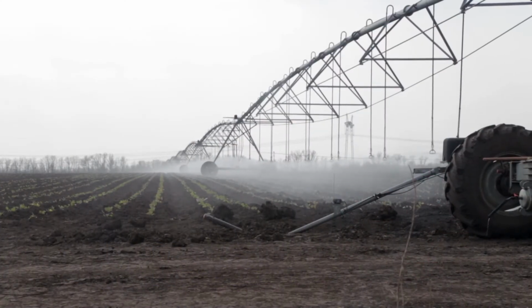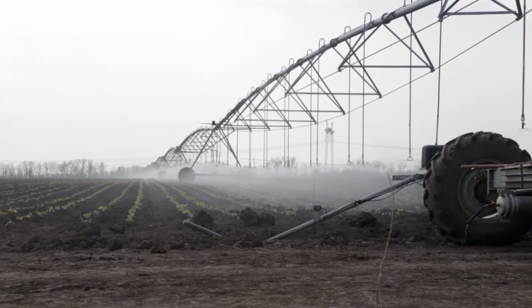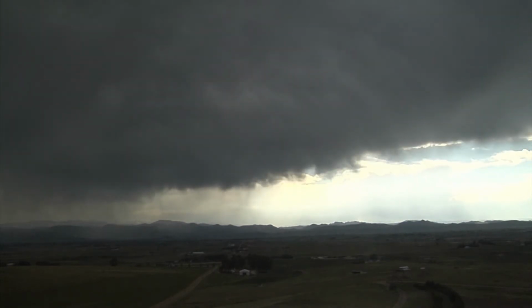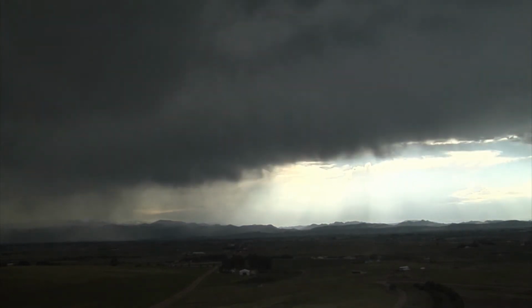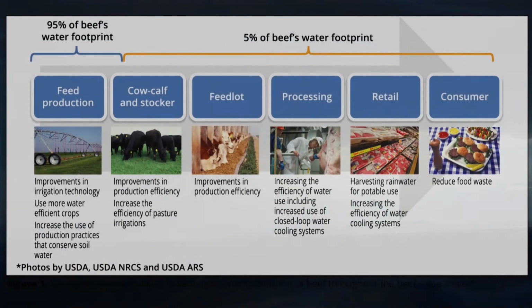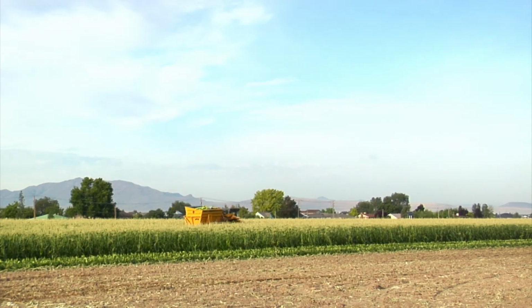Part of the range in these three estimates is due to the level of irrigation assumed during the production of cattle feed. Including green or precipitation water in the water footprint of beef can dramatically increase it above these listed estimates. There are opportunities to reduce the water footprint of beef throughout the production chain, but most water is used to produce the feed for cattle.